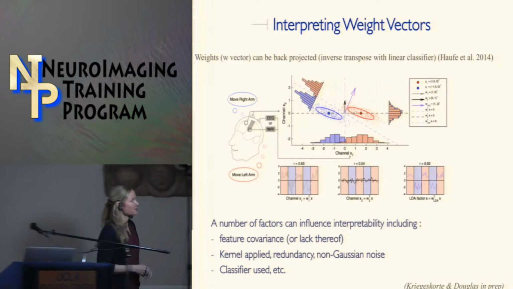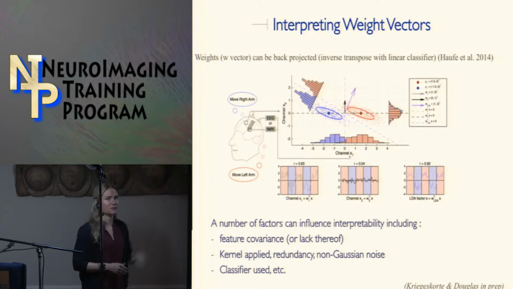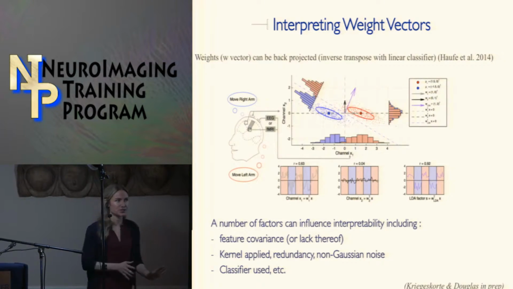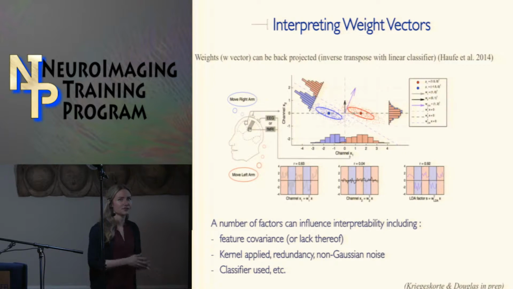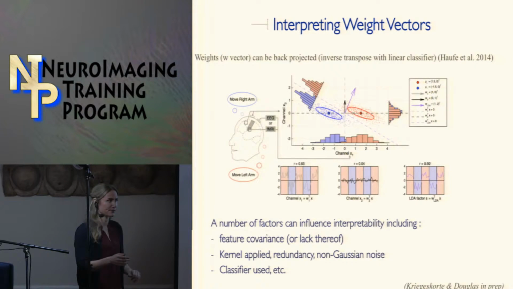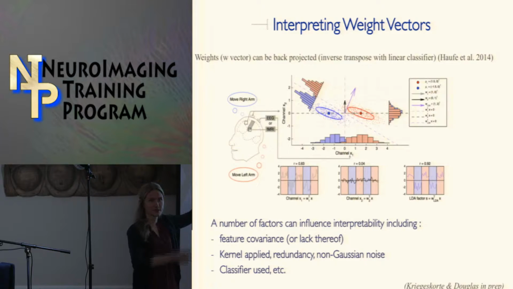So what can we do with the weights to try and interpret them? Well, Stefan Haufe says that what we can do is take the weight vector and back project it into the original space. If you have a square matrix and a very simple problem and a linear classifier, that turns out to be the inverse transpose of the weight vector. So you can just take the weight vector, take the inverse transpose, and there you go.